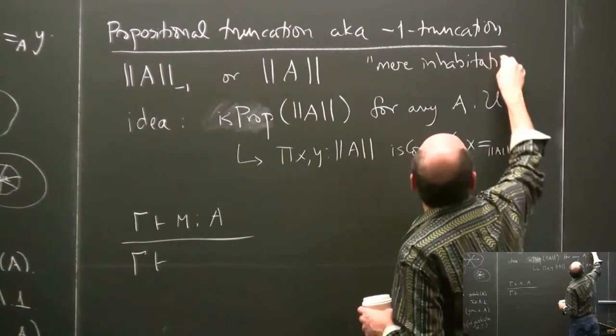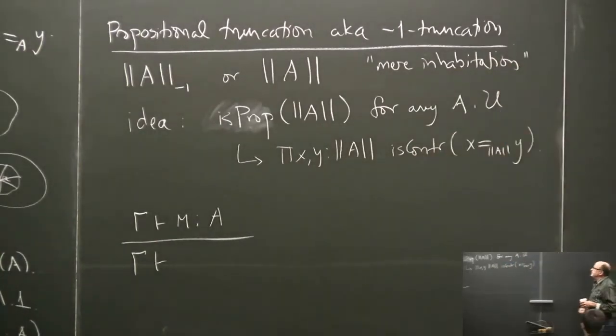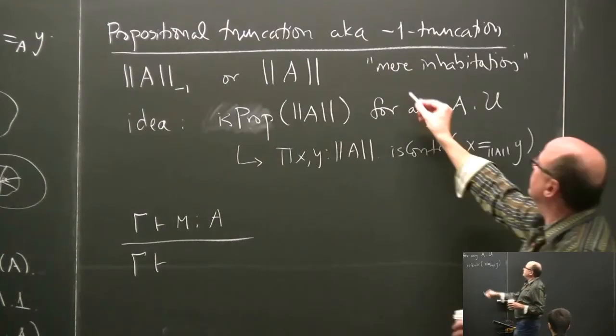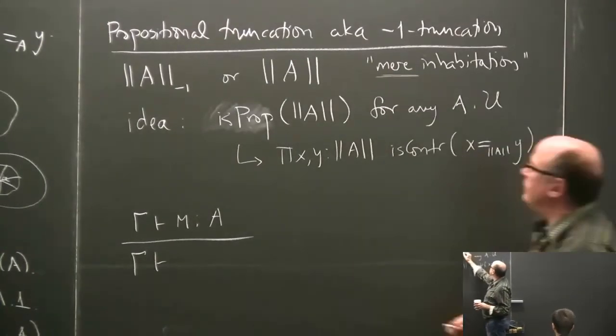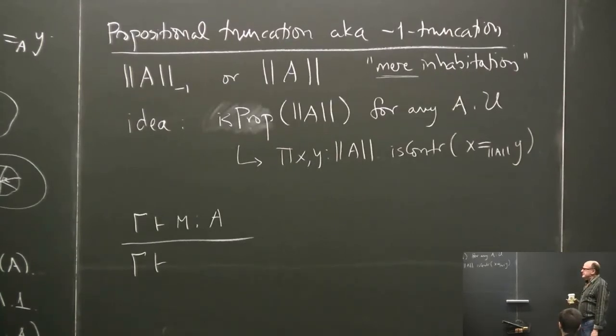When last year we were working out what to call things, we eventually settled on this, though nobody really loved it. We decided to call it the mere inhabitation. The problem is that there's a terminological confusion, and it particularly comes up in connection with existence, which I'm going to talk about in a moment.